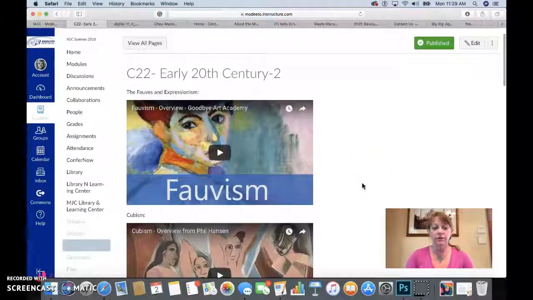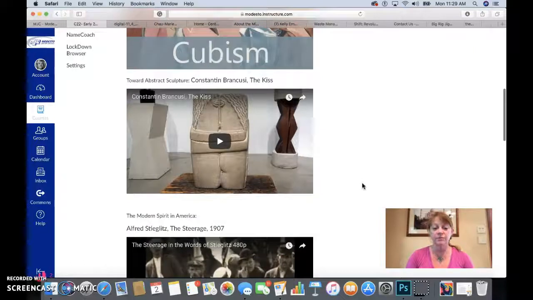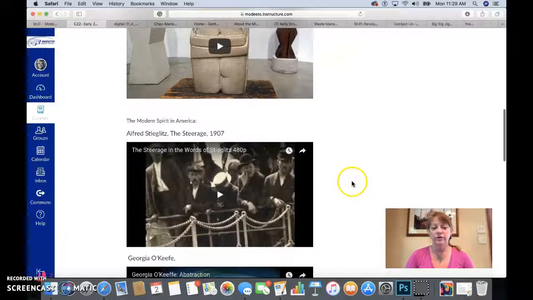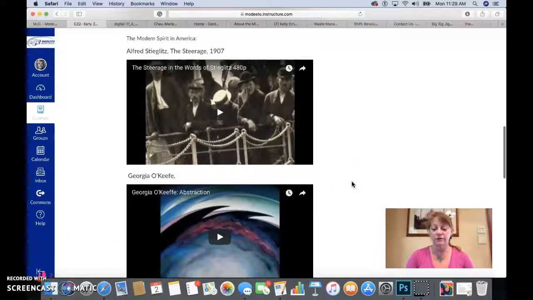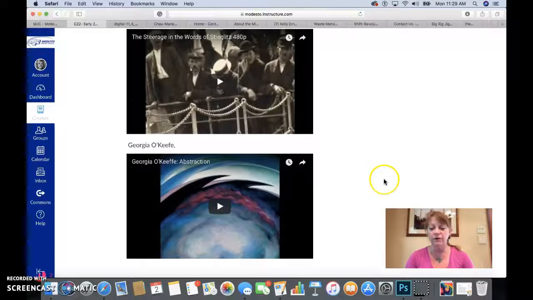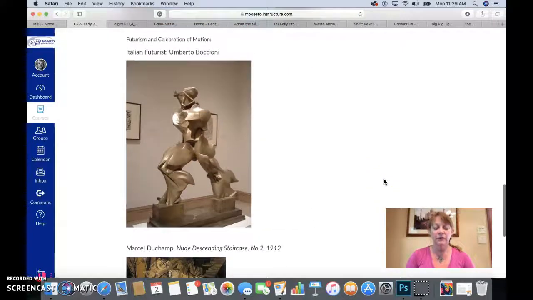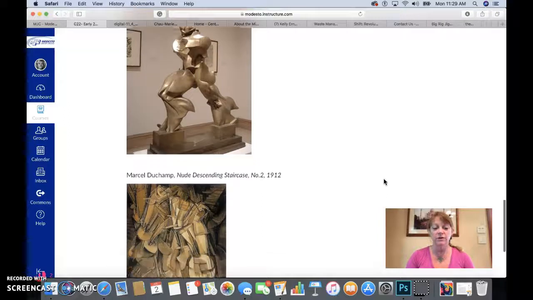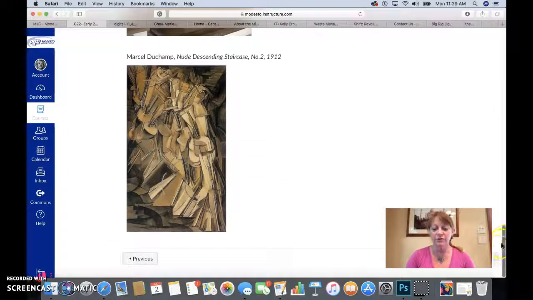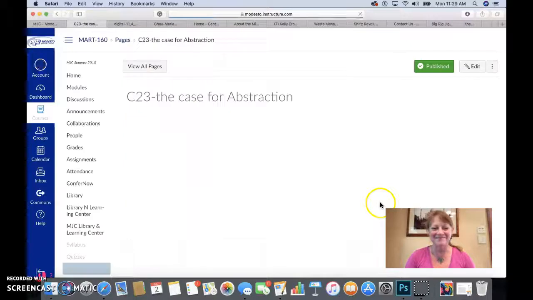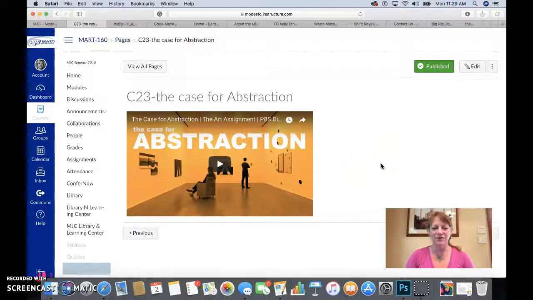And then early 20th century, Fauvism, Cubism, a little bit more about Brancusi's The Kiss, Alfred Stieglitz in the modern spirit of the times, and Georgia O'Keeffe, following on his heels, and the futurist movement. Oh, look, more Duchamp. We love Duchamp. And The Case of Abstraction. Great, super fast video. If you want to learn about abstraction in 20 minutes or less, it's an amazing video put out by PBS.